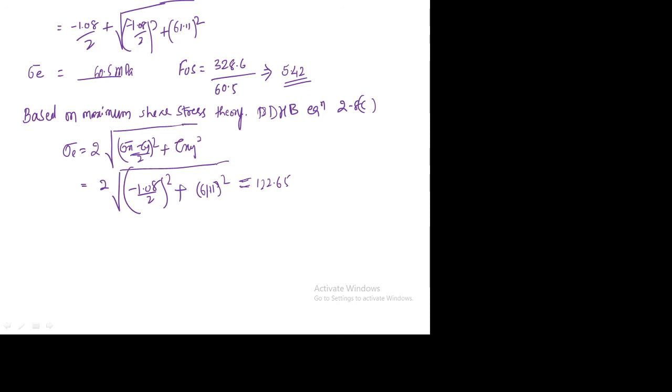Is it right? Whether the formula is right or wrong, first check it. Then FOS is equal to 328.6 divided by 122.65. How much did you get? 2.6, right?